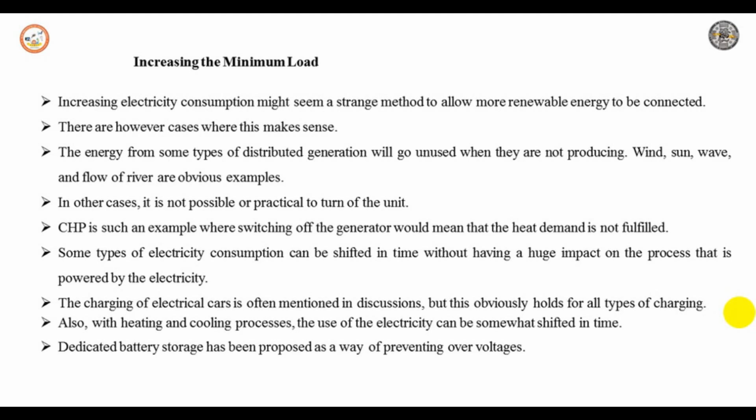The charging of electric cars is often mentioned in many discussions, but this obviously does not hold for all types of charging, also heating and cooling processes. The use of electricity can be somewhat shifted in time, so dedicated battery storage has been proposed as a way of preventing the over voltage.